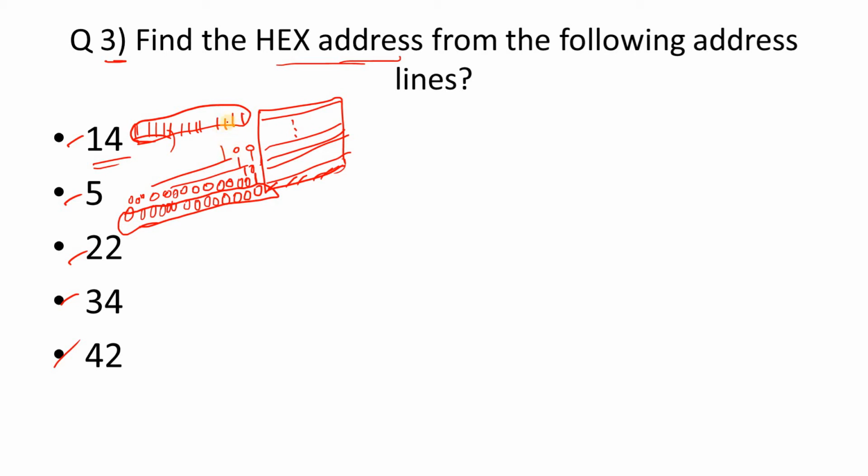Now we group the bits in fours. 4 ones in hexadecimal representation is F. Another 4 ones is F, and another 4 ones is F. So 12 bits are completed. The remaining 2 binary values, 1, 1, are equivalent to 3.